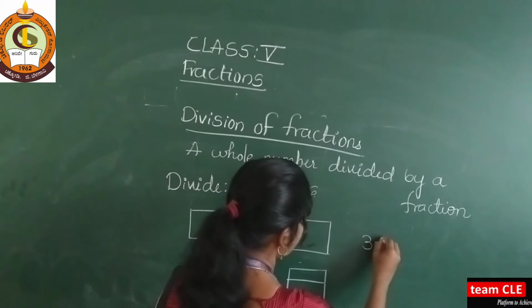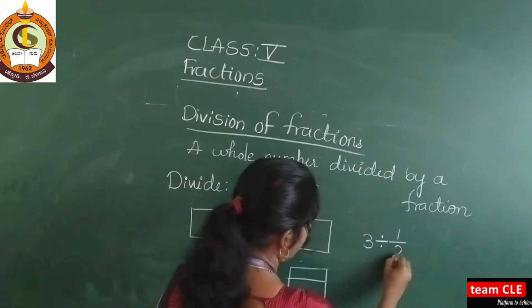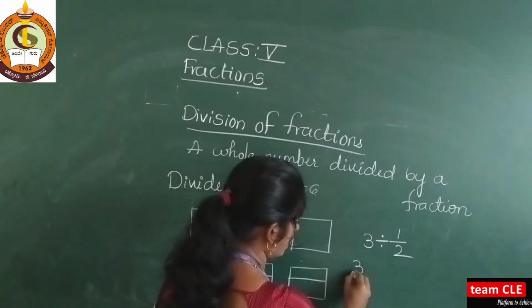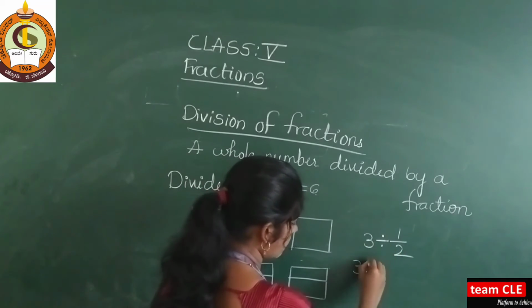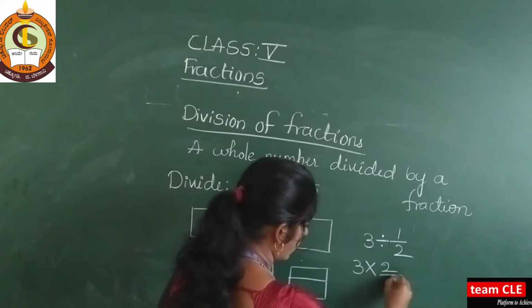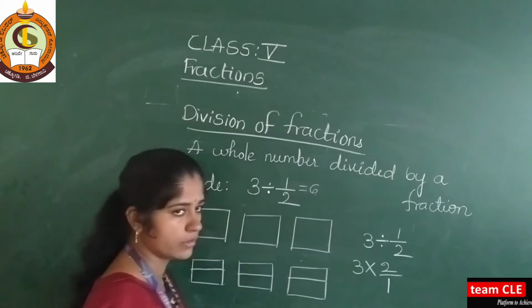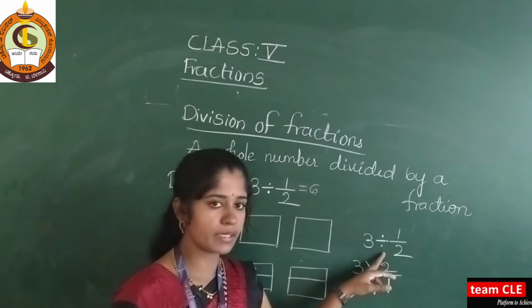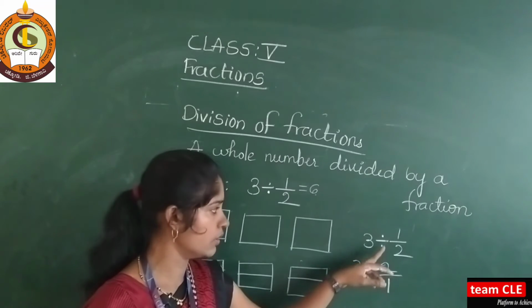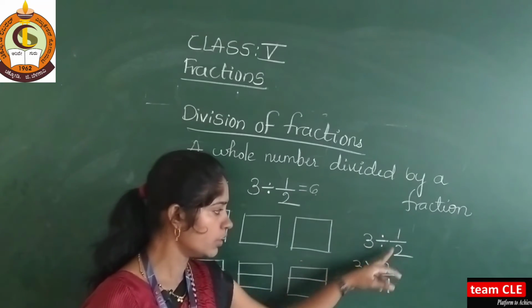See here, 3 divided by 1 by 2. So you have to take its reciprocal. Division becomes multiplication, and you write 2 by 1. We can't divide directly, so you change it to multiplication.